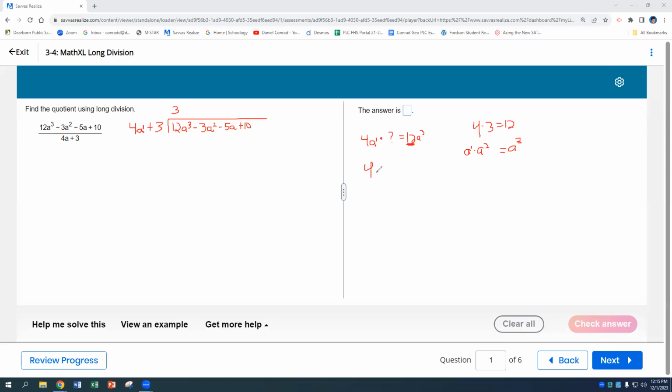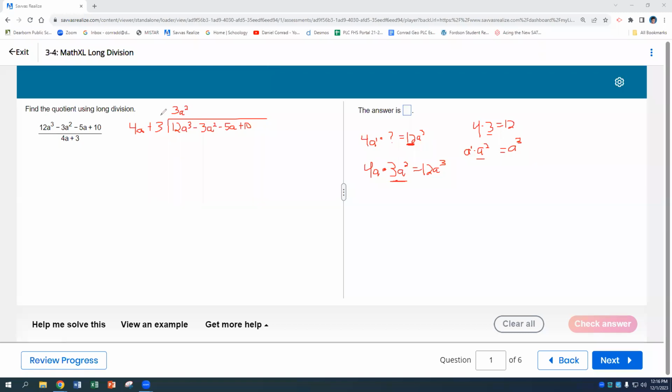So 4a times, I'm sorry, times 3a squared is what's going to give us 12a cubed. So we need to put up here 3a squared. I'm going to get rid of this little 1 here.